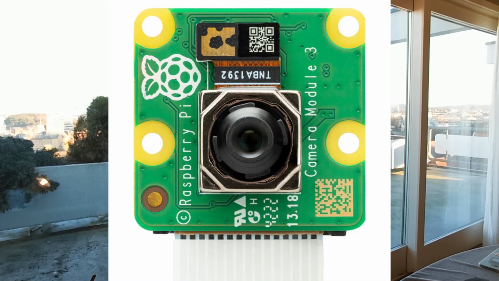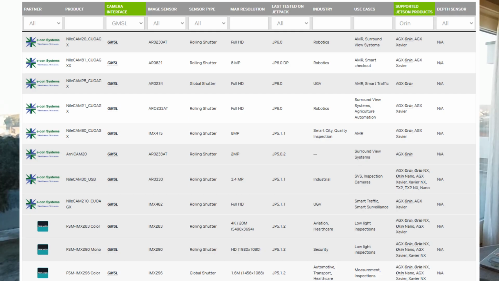So, a few examples, and of course I will start with Raspberry Pi cameras, which actually work on a lot of boards, and it's pretty nice. There are a lot of cameras for Jetson. You can find them on the NVIDIA website. Of course, I used some Yacon Systems cameras. They were okay, but I saw a lot of comments that they are too expensive for their capabilities.